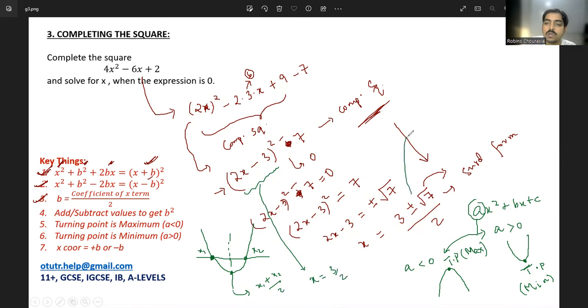And if you see here, you get x1, x2, two values. And if you add them, you can see what you get.